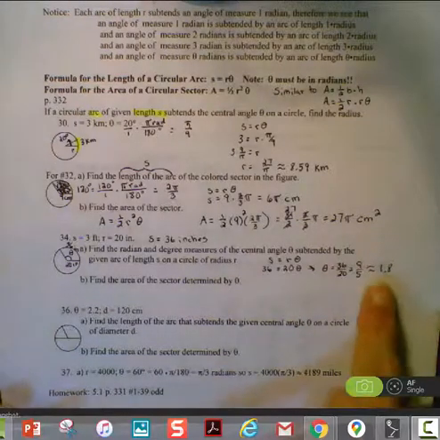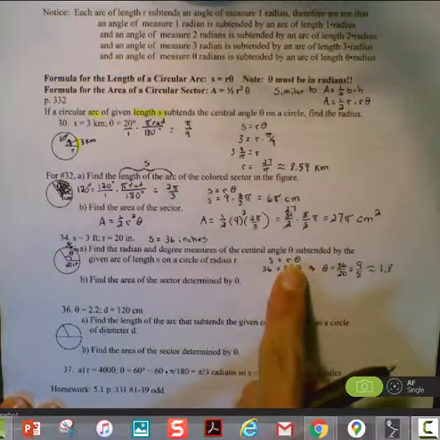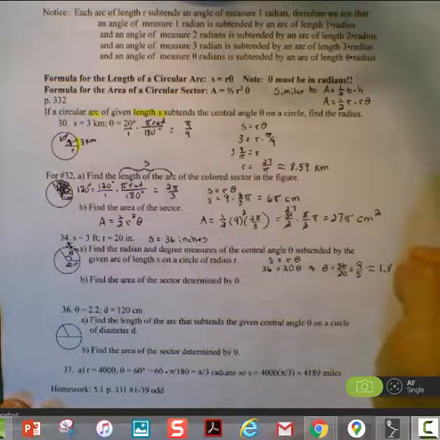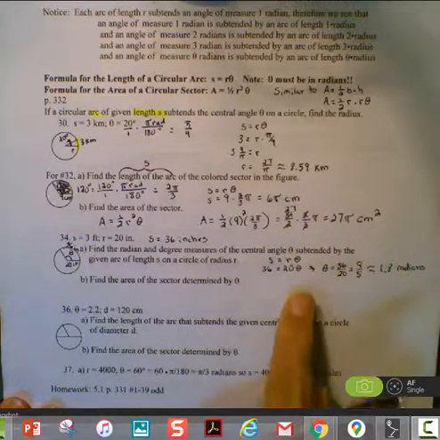So that 1.8 is 1.8 radians, the measure of theta.